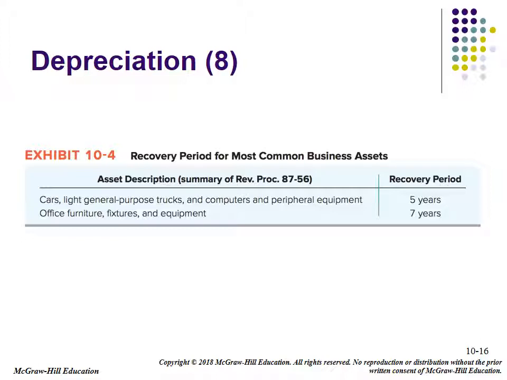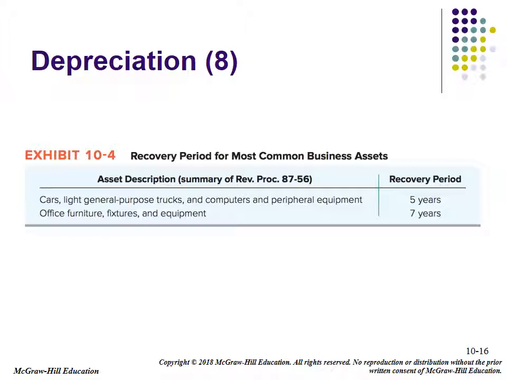But some lives are for very, like I say, exotic or extraordinary types of assets. Most companies don't have them. The two major recovery periods are listed right in front of you, the 5-year and the 7-year.